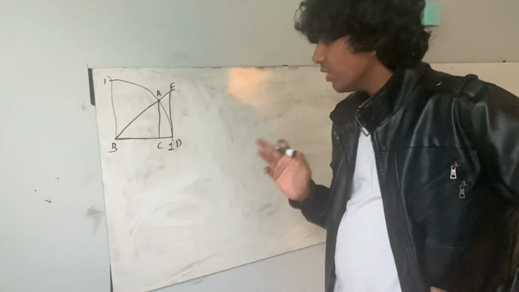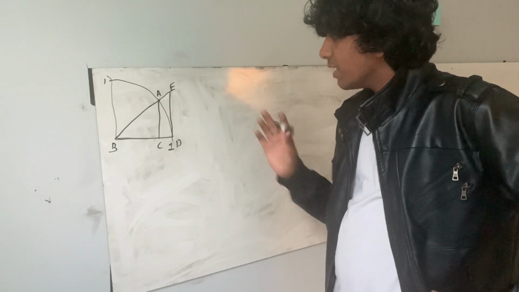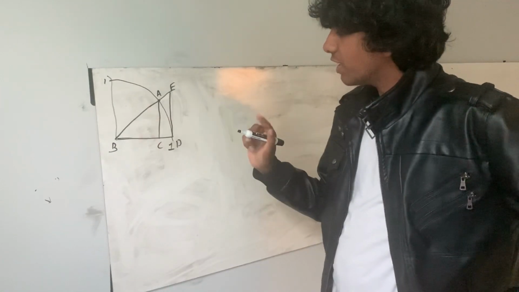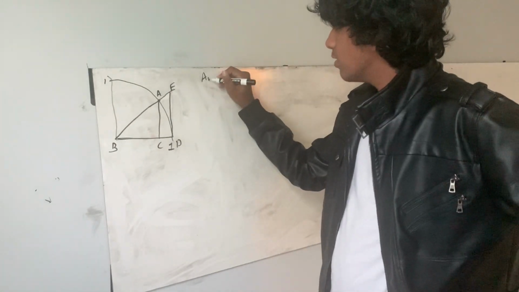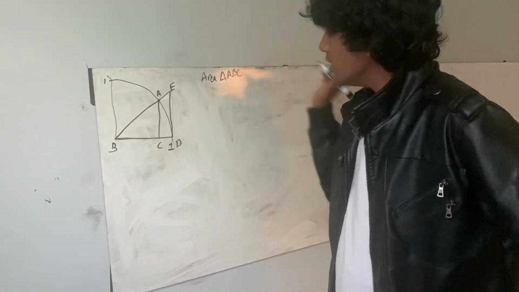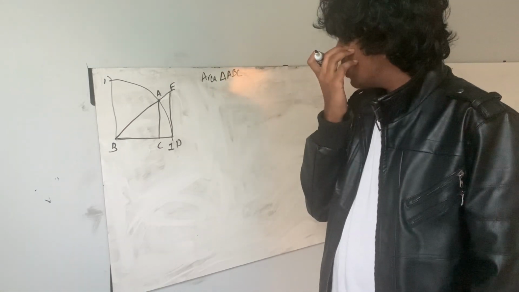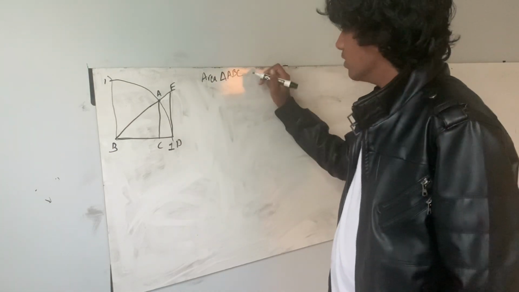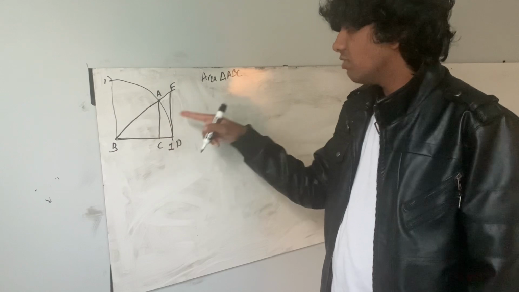One thing I do notice is I have three areas to consider. The area of triangle ABC, so let's write that down. And we also have the area of this circle sector with radius 1. We know this sector is going to be greater than this triangle.